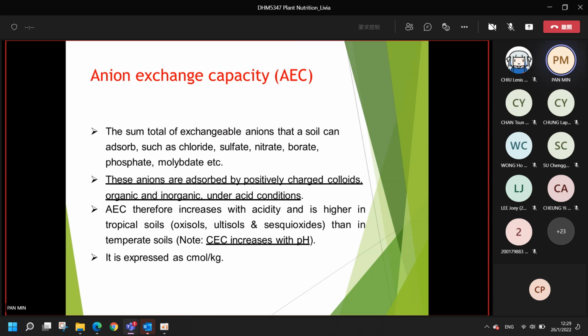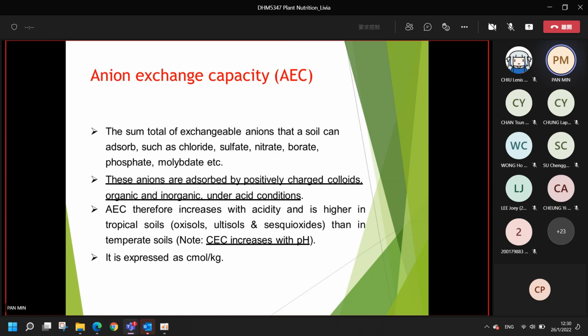Therefore, the AEC can increase with acidity, and it is higher in tropical soil, because tropical soil has a lot of iron oxide and aluminum oxide, and these positive charges in the soil increase the binding sites for anion exchange capacity.